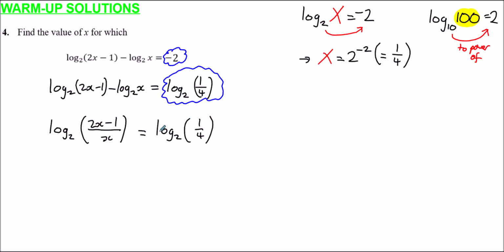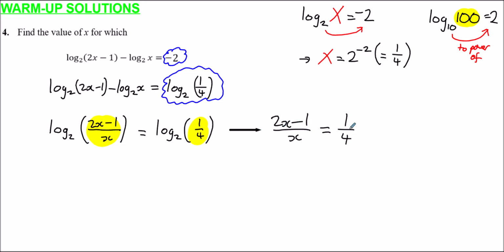So we have an equation. One side is equal to the other, both being logged to the same base. And so if one's equal to the other, that can only be so if this value is equal to a quarter. So the equation we need to solve is 2x minus 1 all over x set to be a quarter.